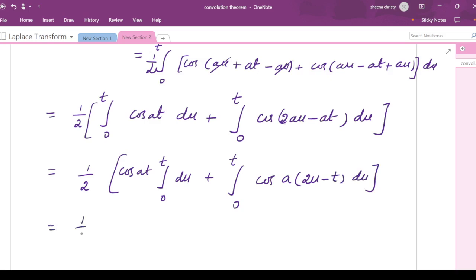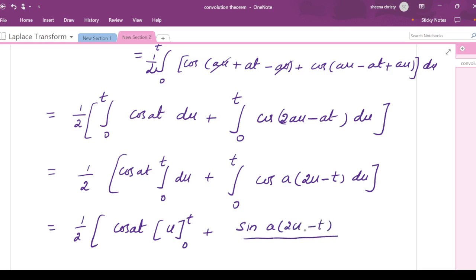This gives you 1 by 2 times of cos at, put u equal to 0 and u equal to t, plus integration of cos gives sine of a into 2u minus t by the coefficient of u.